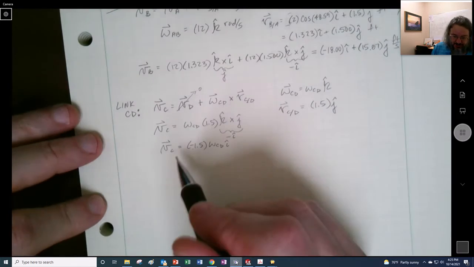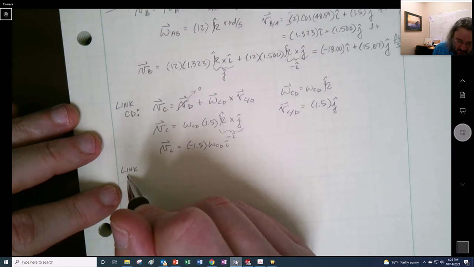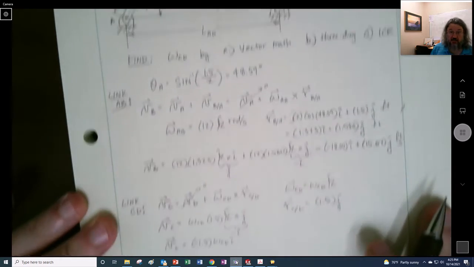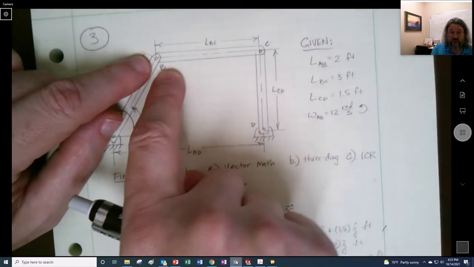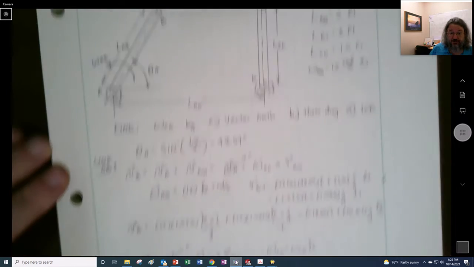But let's continue here. So now let's go with link BC. And so now we know the velocity of B. So let's try to find the velocity of C. All right, so this is the link.